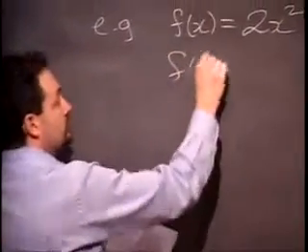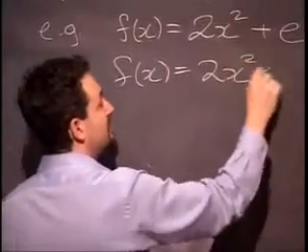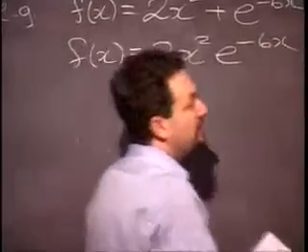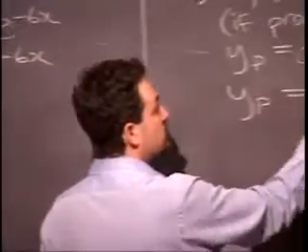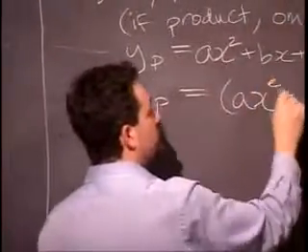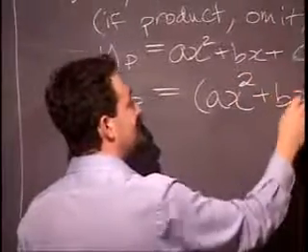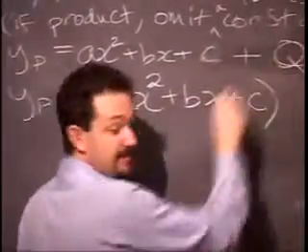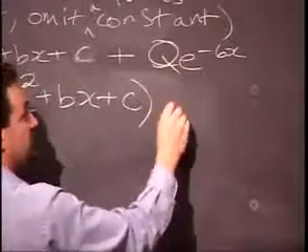No problem. Now, what about a product of these two? 2x squared e to the minus 6x. Well, here, you might think that it should be the product of the two forms, and you are right, except you don't need the q anymore, or whatever you wanted to call it.